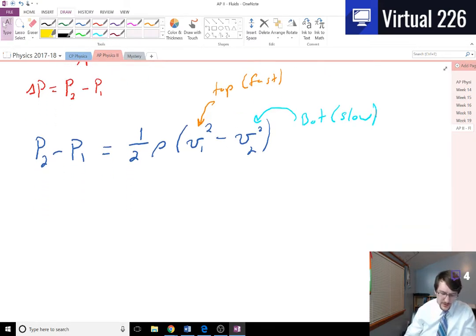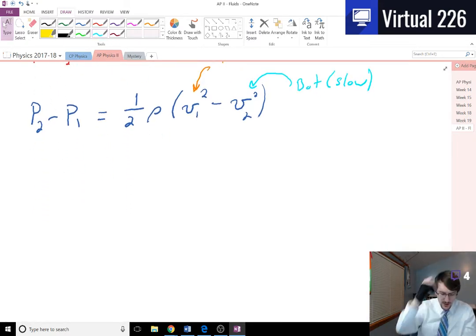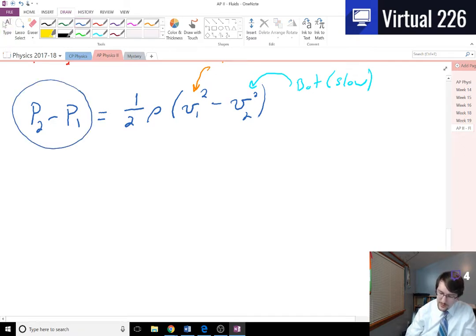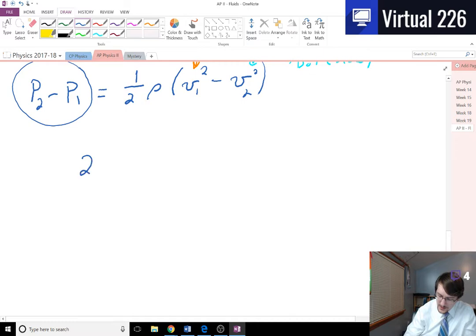So if we have this here and we wanted to solve it, we could. I'm just going to call this delta P again. So if we take 2 delta P over the density, that's going to have to equal V1 squared minus V2 squared. And if we wanted to solve just for V1 here, we could.